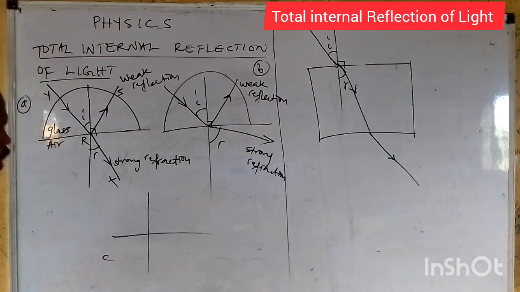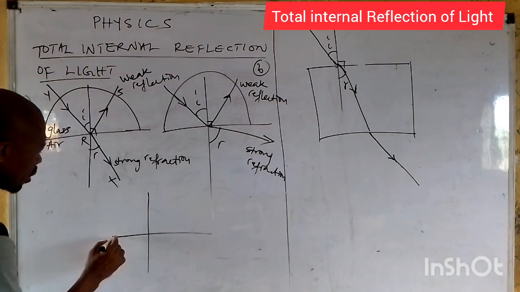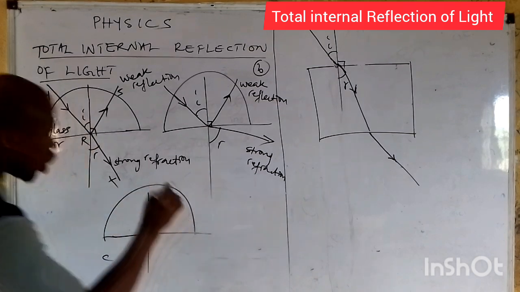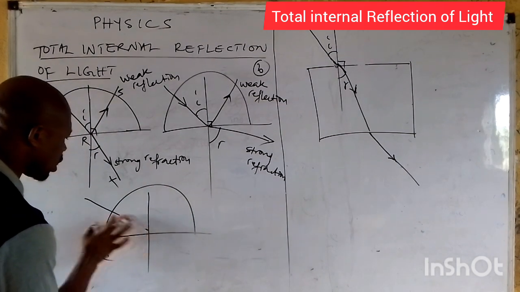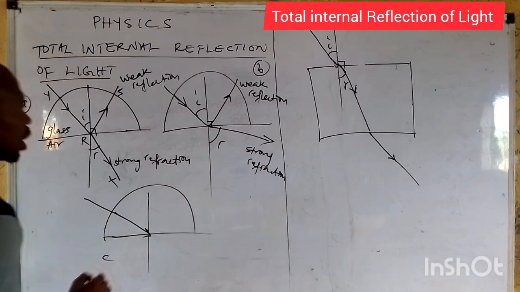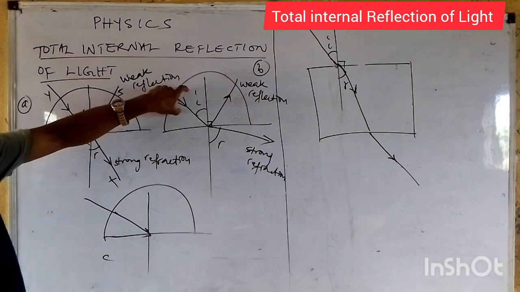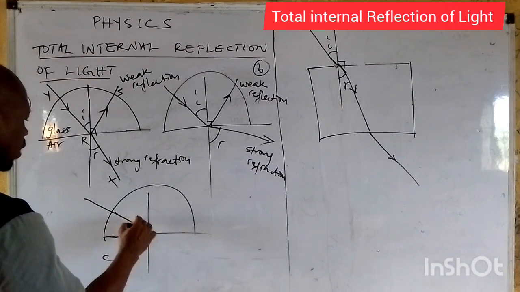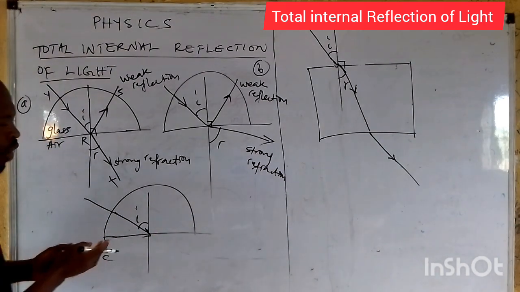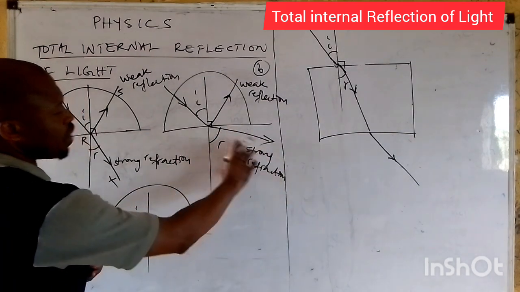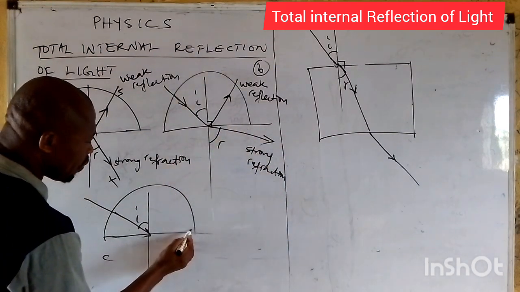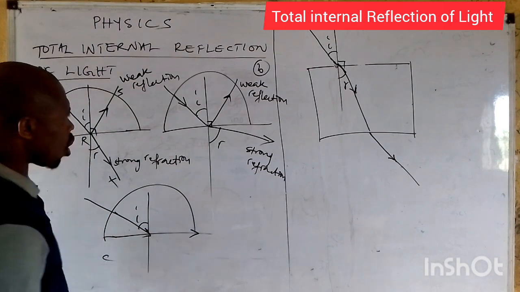Now, as we have figure C here, still the same thing. This is our incident ray. With continuous increase of angle of incidence, now there will be no refracted ray, because the refracted ray will now be along this line.